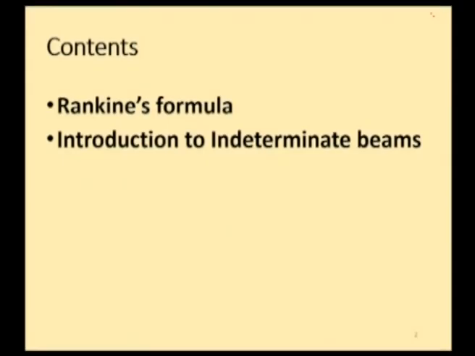We have already studied Euler's formula for calculating the critical load or buckling load, and now we will see how to use Rankine's formula to calculate the crippling load or buckling load, and subsequent to that we will see an introduction to indeterminate beams.